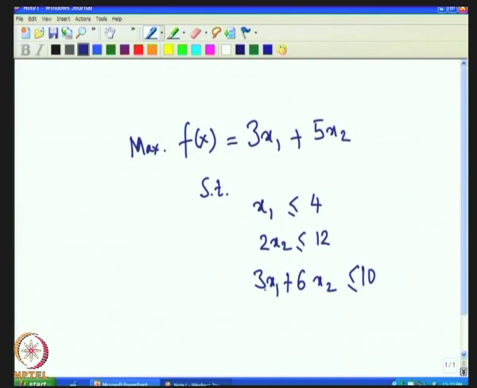So, I may have another condition which is a function of x1 and x2. So, I am putting another condition here, which will act along with the other two conditions and then decide on what are the optimal values of x1 and x2.